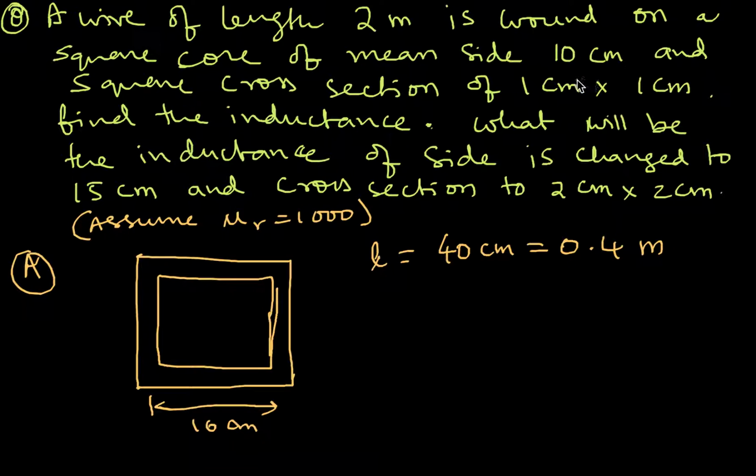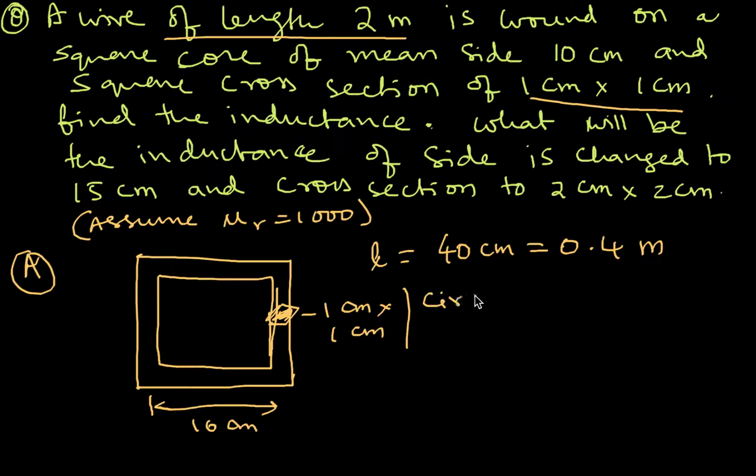Then the cross section is 1 centimeter by 1 centimeter. Now the number of turns is not given, but the total length of the wire is given, which is 2 meters. For one cross section, the side is 1 centimeter by 1 centimeter, so the circumference of the cross section will be 4 centimeters.